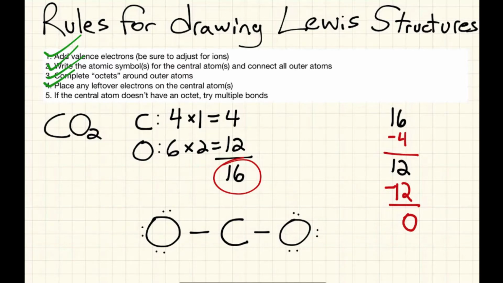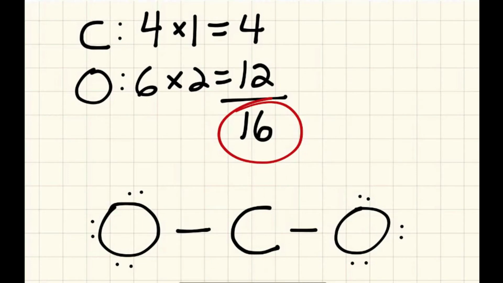Which brings me to the 5th and final rule, which says if a central atom doesn't have an octet, try multiple bonds. Now, those of you who know how to do this will almost immediately see that this looks like a strange carbon. And the reason it looks strange is because it doesn't have an octet. Carbon is one of the elements in the periodic table that we almost always see with an octet.